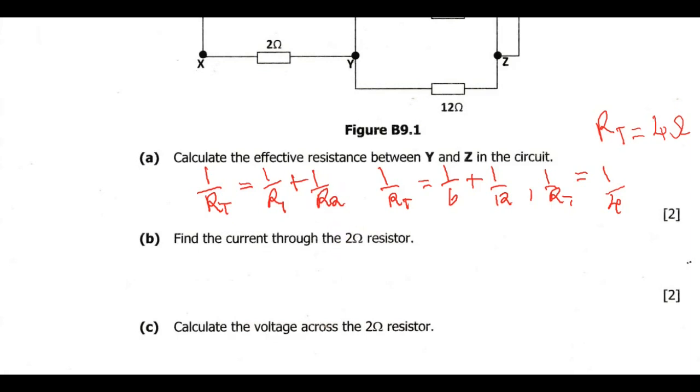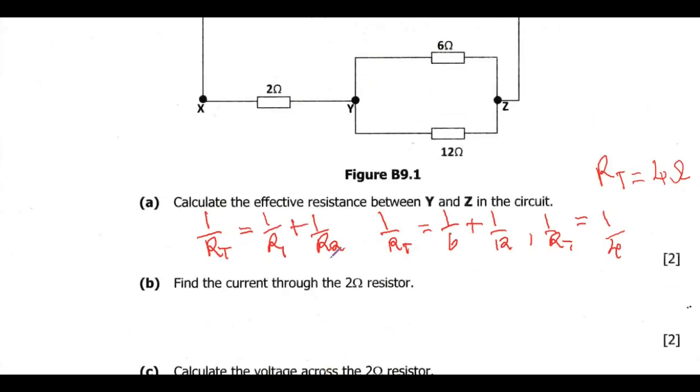And then the total resistance would be 4 plus the 2. So 2 plus 4. So total resistance in the circuit would be 6 ohms, and that will mean that the current is equal to the voltage, which is 12 divided by the total resistance, which is 6, and then the current will be 2 amps.